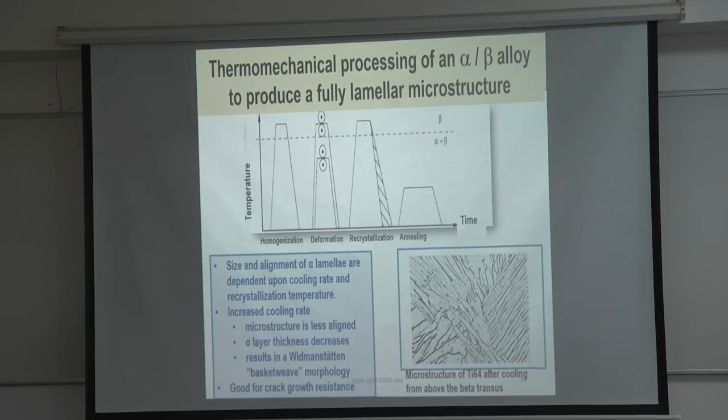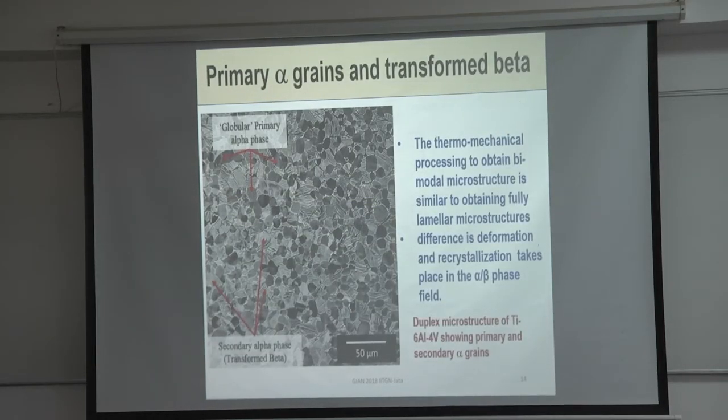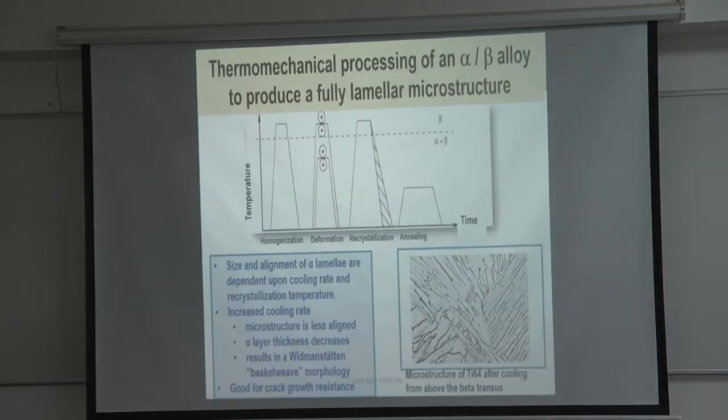We did all this stuff. The forging, oh yeah, they're here. Primary alpha, transformed beta. This is the duplex microstructure, if everybody remembers. Thermomechanical processing to obtain this, about the beta transus, like we talked about yesterday, or the day before. This is below the beta transus. When you do the hard deformation work here, you're doing it below the beta region.